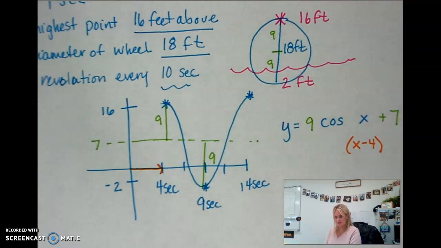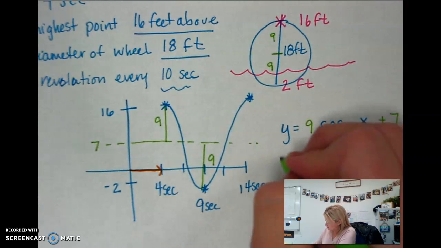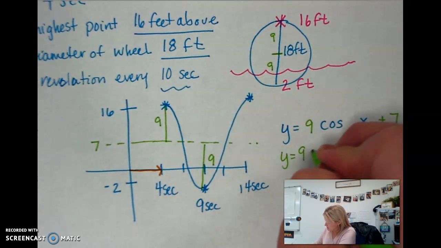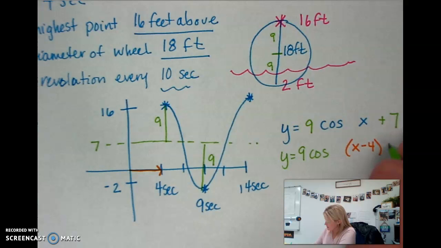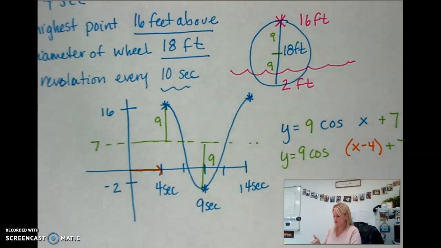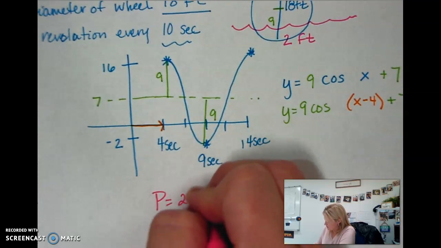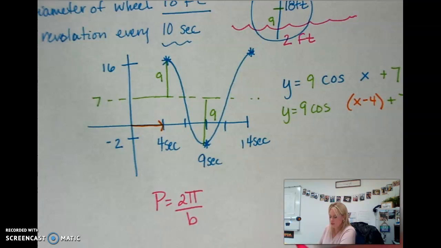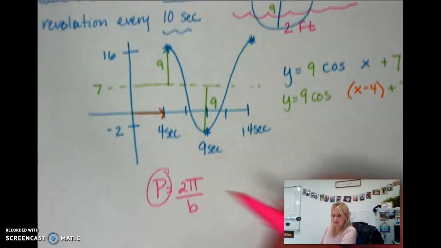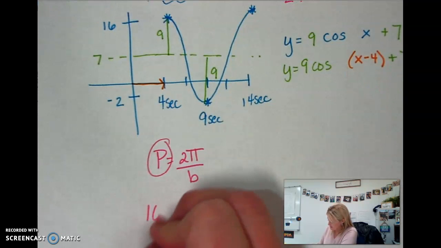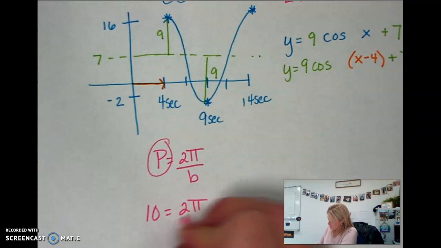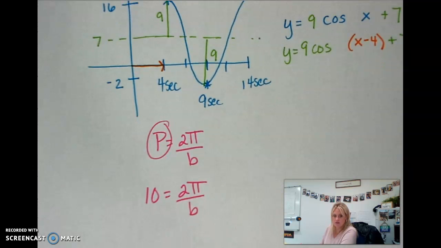Now, the last thing that I need here is my period. If you think about the period, it says that it takes 10 seconds to complete 1 revolution. So we know that period equals 2 pi over b, and the period is 10 seconds. We need to solve for b.